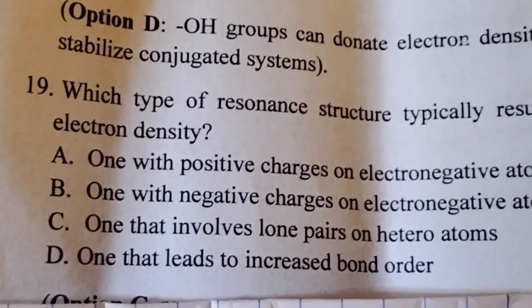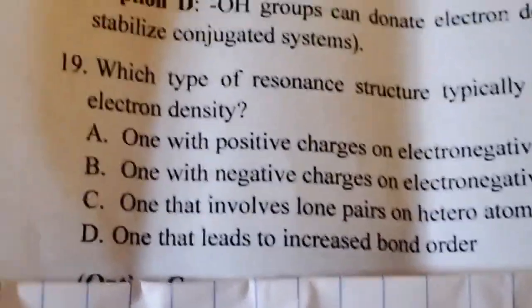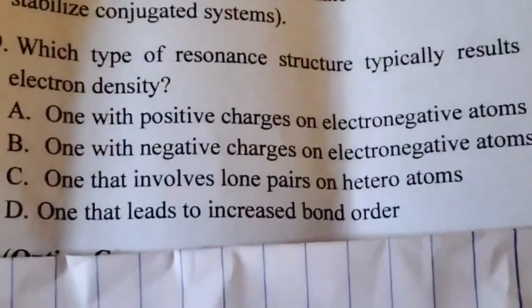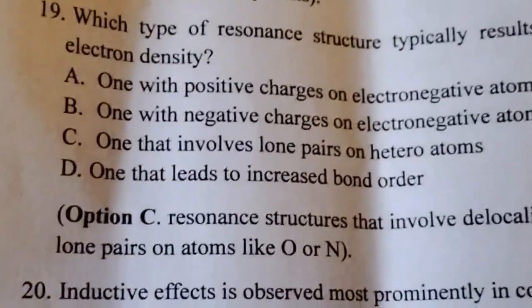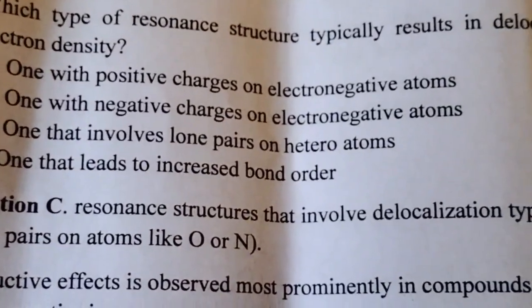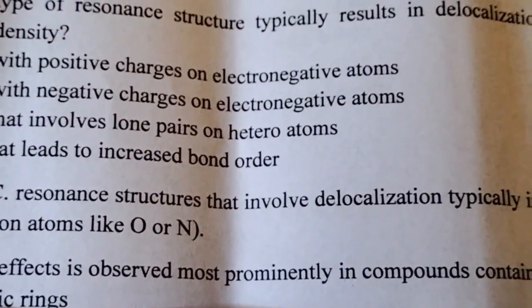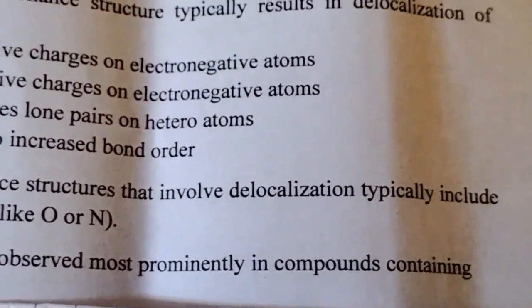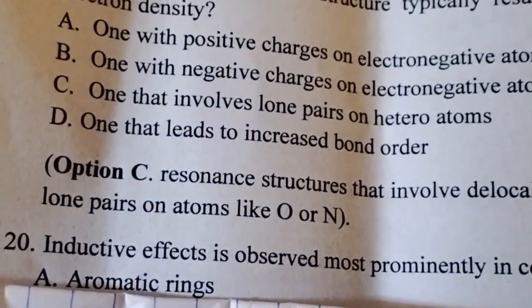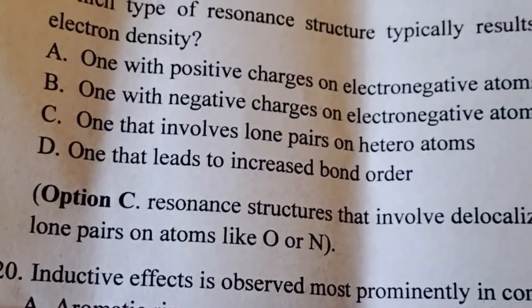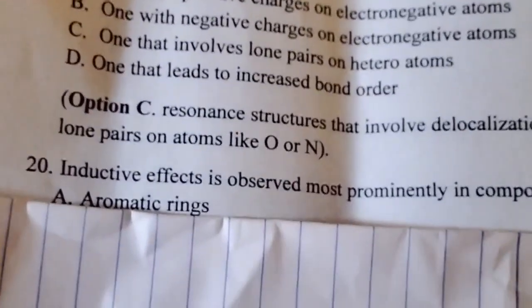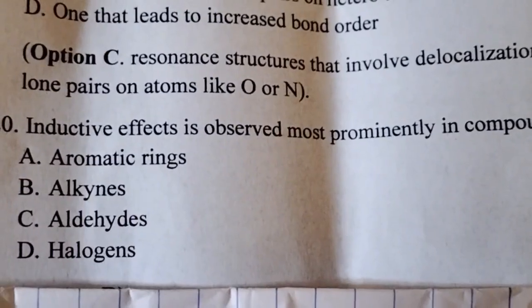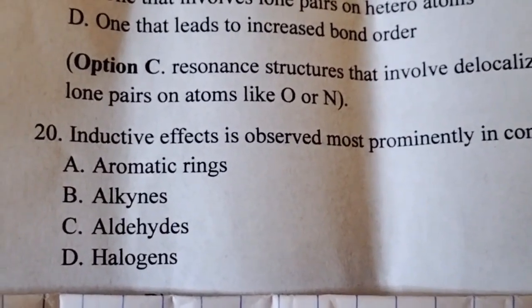D, one that leads to increased bond order. The right answer here is option C, one that involves lone pairs on heteroatoms. Resonating structures that involve delocalization typically include lone pairs on atoms like oxygen and nitrogen.